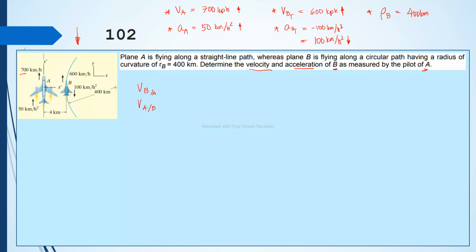Now, it says B as measured by the pilot of A. Therefore, our translating axis should be at A. Then we'll be using this relative velocity of B with respect to A.